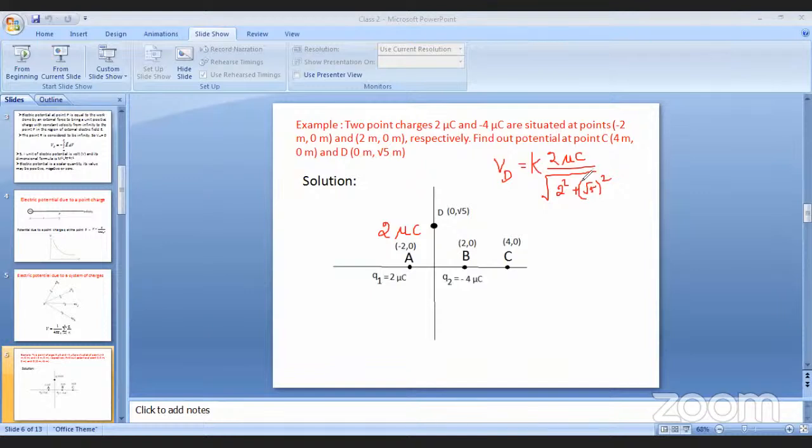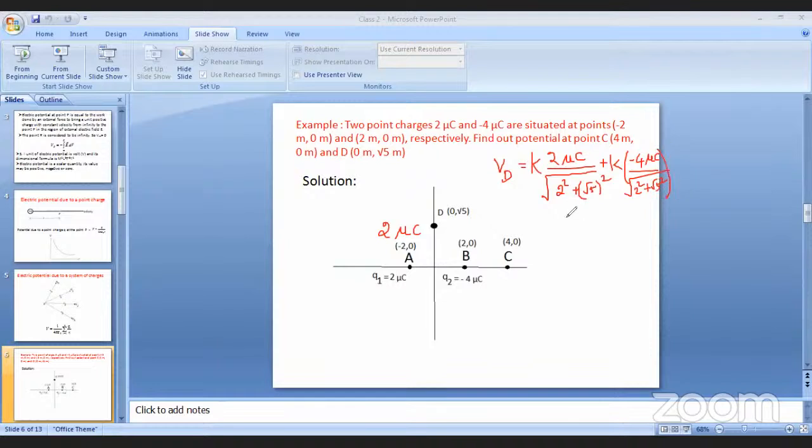And due to the charge minus 4 microcoulomb, that will be plus K into minus 4 microcoulomb divided by root of 2 squared plus root 5 squared.